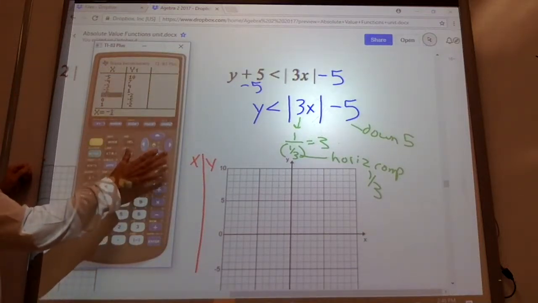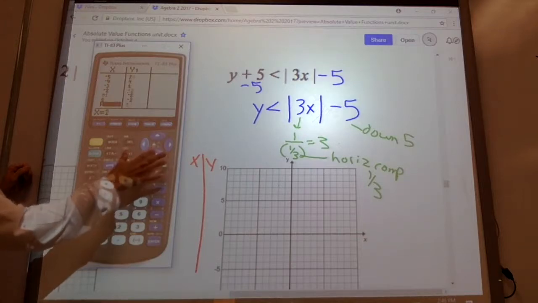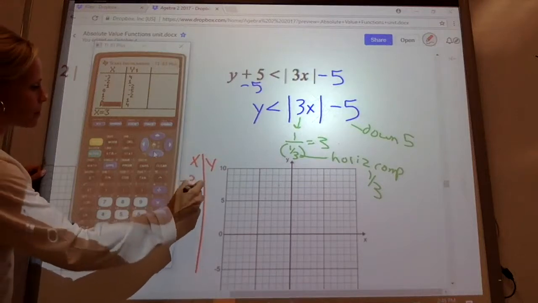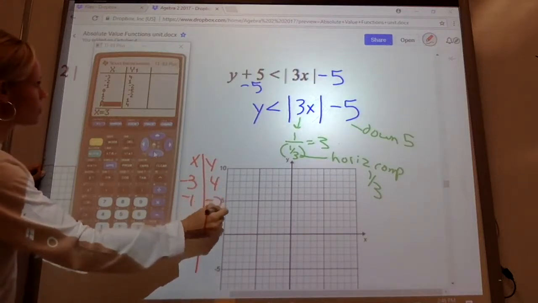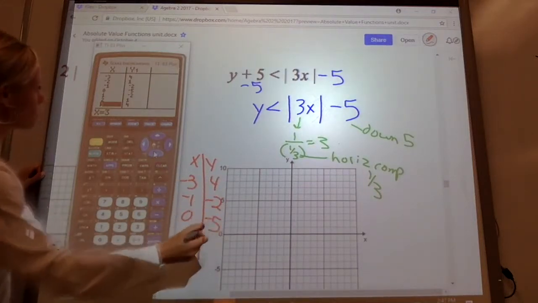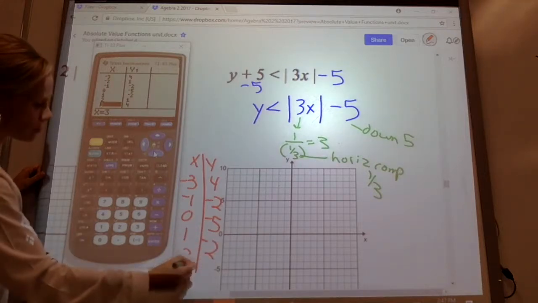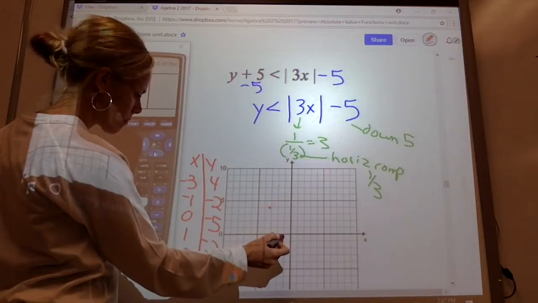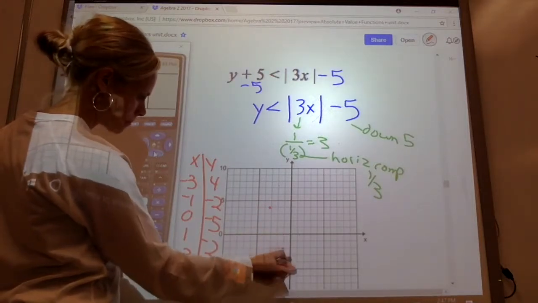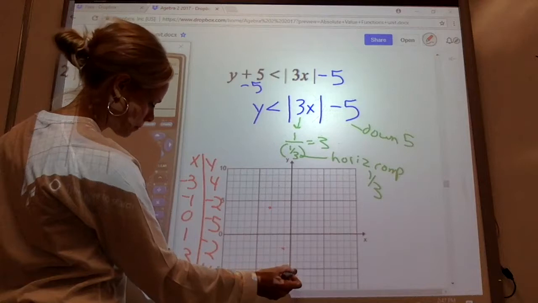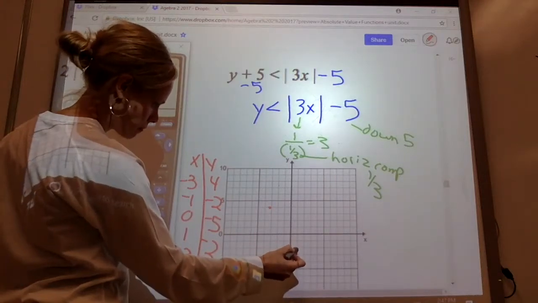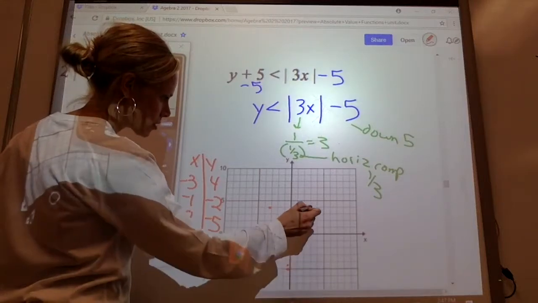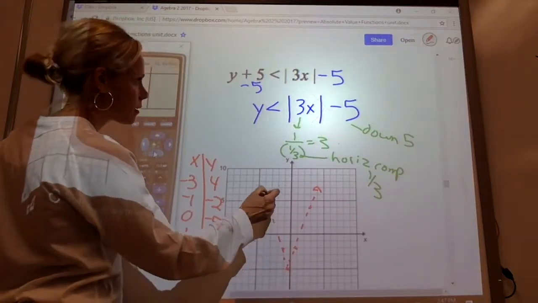Find symmetry. There's some good symmetry. Negative 3, 4, negative 1, negative 2, 0, negative 5, 1, negative 2, 3, 4. And it's going to be dashed and less than.